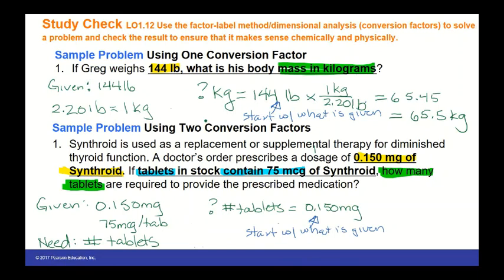We're starting with 0.15 milligrams, and we multiply by 1 tablet per 75 micrograms, and 10 to the 3 micrograms is equal to 1 milligram. We cancel everything out, and we end up with 2 tablets.